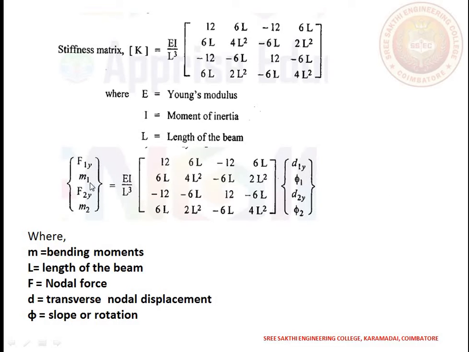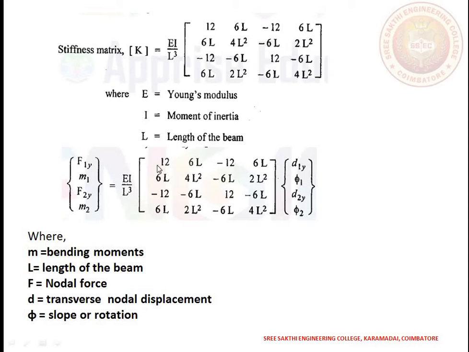So F1y, M1, F2y, M2, equals EI by L cubed times the matrix starting 12, 6L, multiplied by the displacement vector d1y, phi 1, d2y, phi 2. You only need to remember where the negative signs come. It has 4 rows and 4 columns, so it is a 4 by 4 matrix.